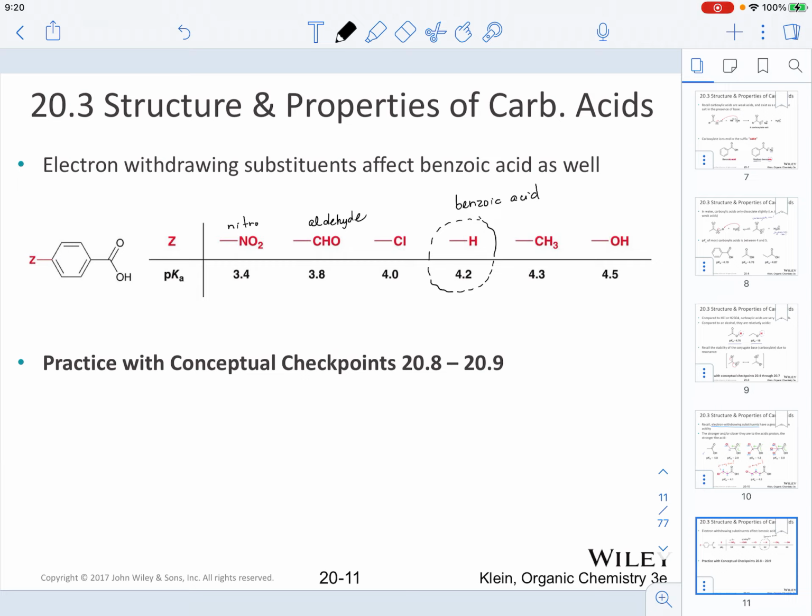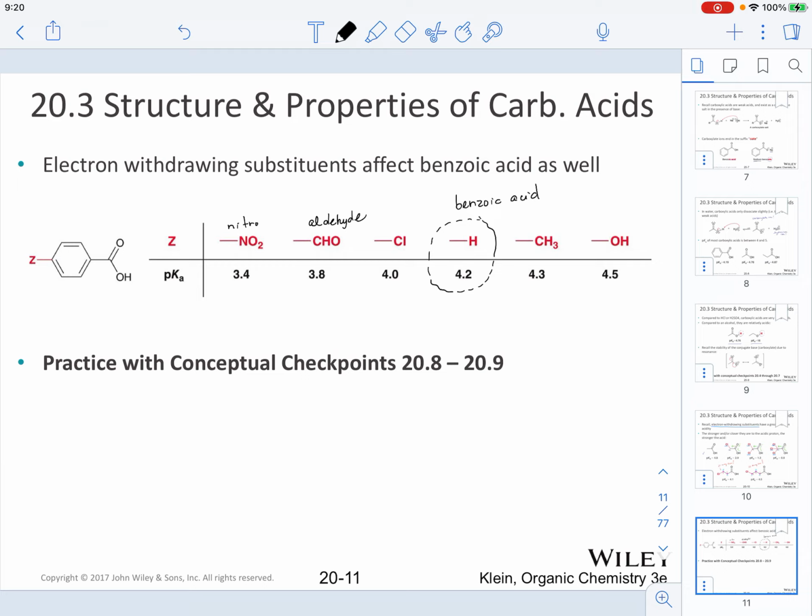So the group of atoms that you see to the left of this chart, meaning the nitro, the aldehyde, or even the chloro group, are going to reduce the pKa because they are more electron withdrawing as we move towards the nitro. If we compare it to the methyl and the OH, the effects in terms of acidity are not going to be as great.